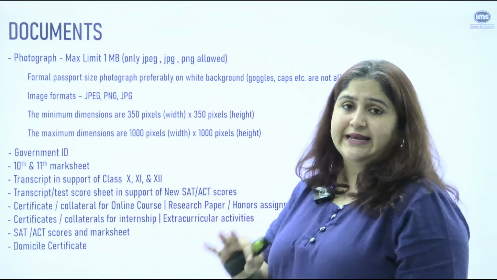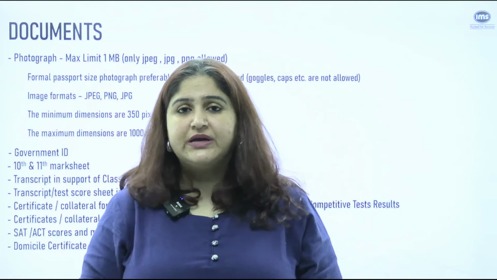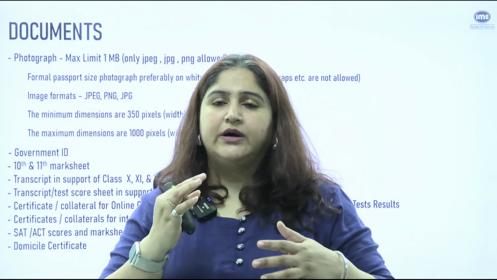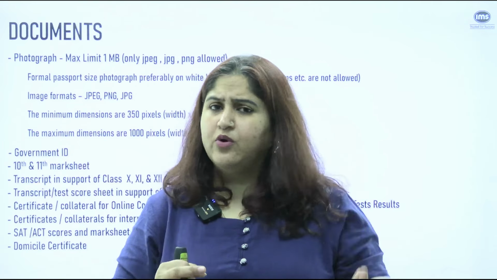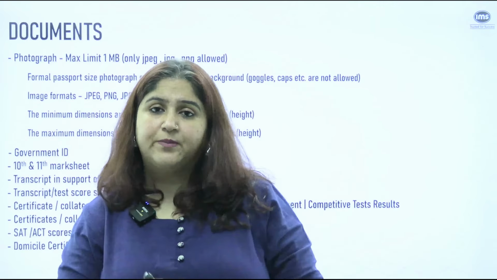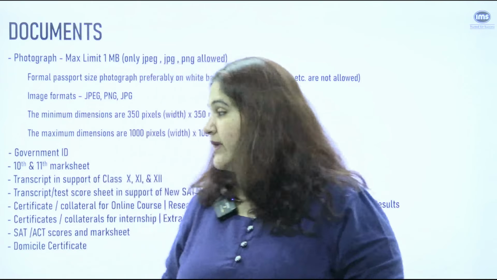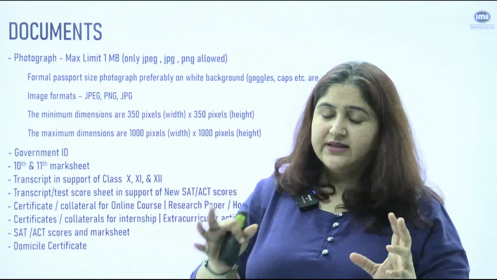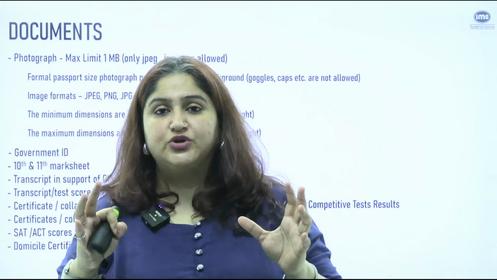So basically any activity which you are showing in the Ashoka application form, be it a sport or an online program or internship, make sure it is supported with the right document. Okay, and in case you are a domicile, because there is a section where they are asking about domicile certificates.